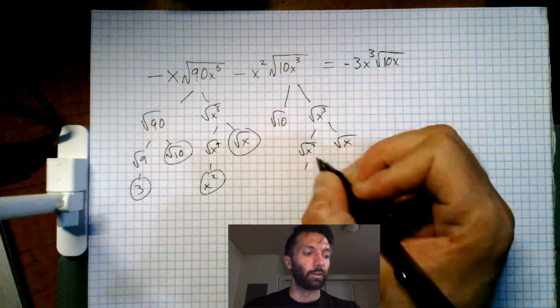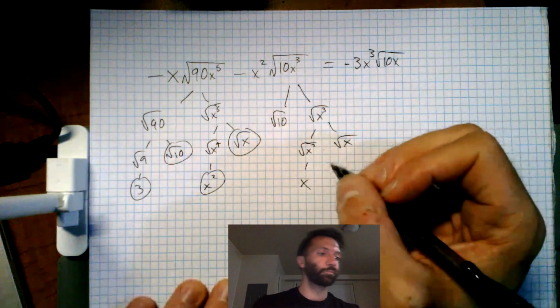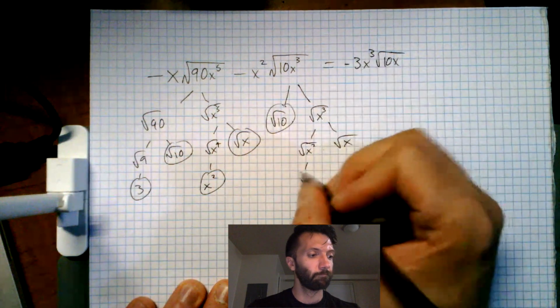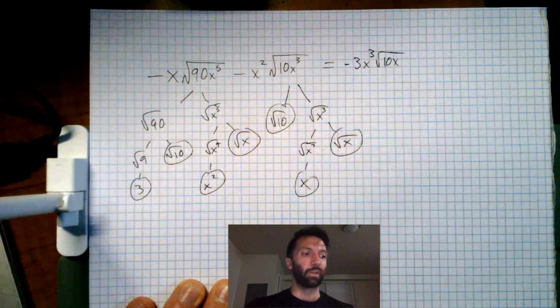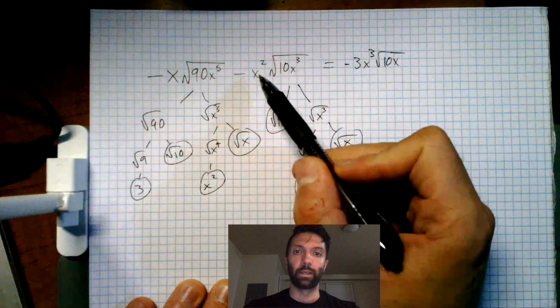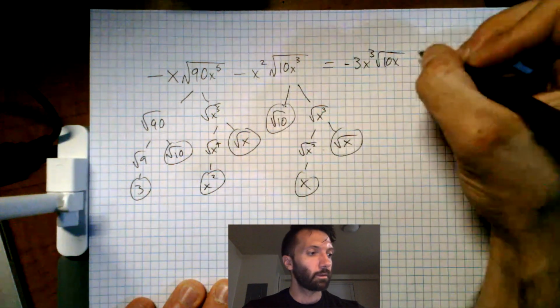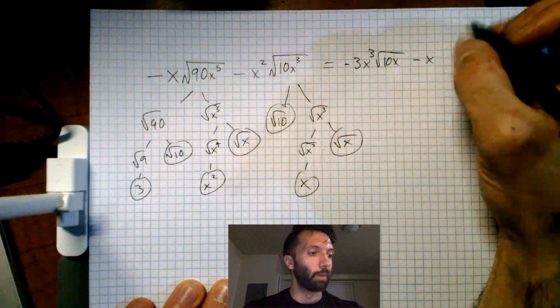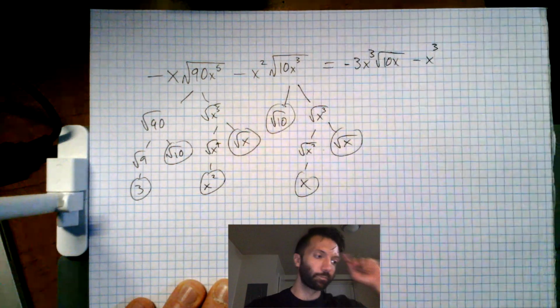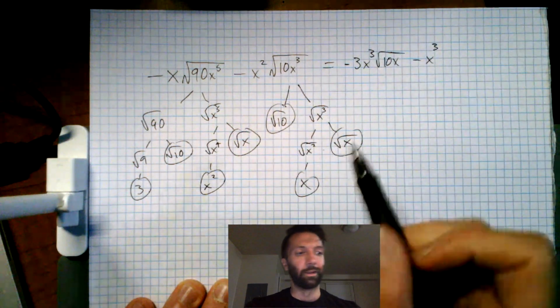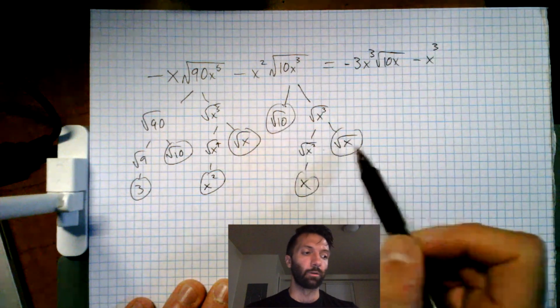And then the square root of x squared is simply x. So again, everything without a radical, in that case I have my negative x squared out front times x. So it's going to be minus x to the third. And then everything that does have a radical will go underneath.